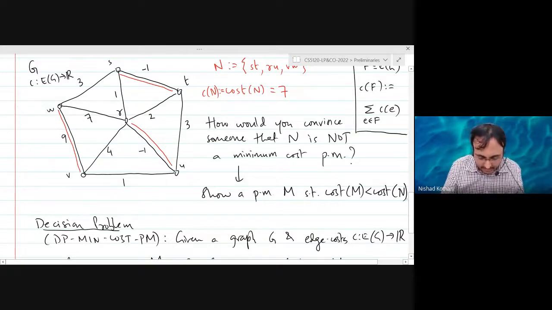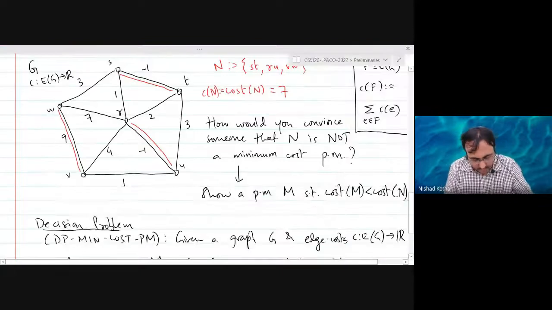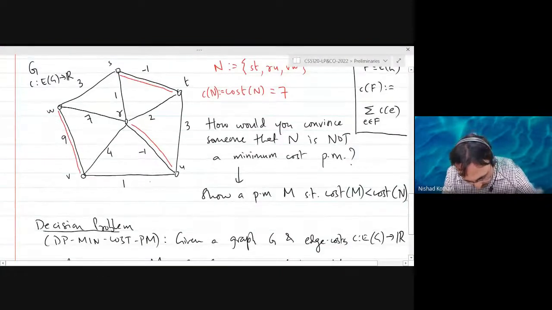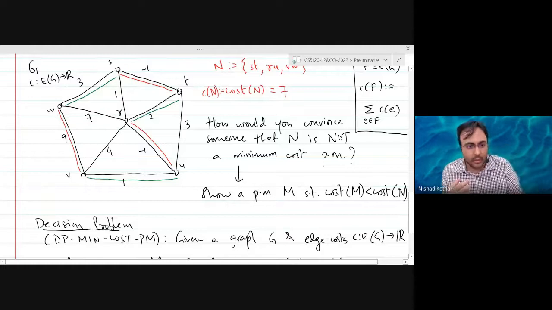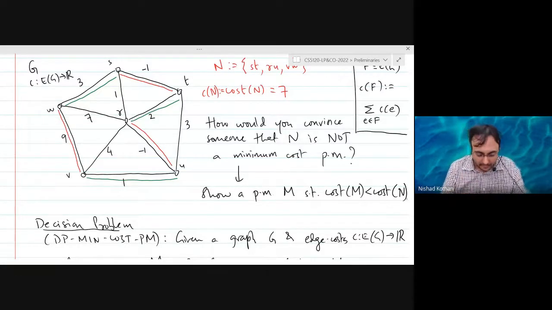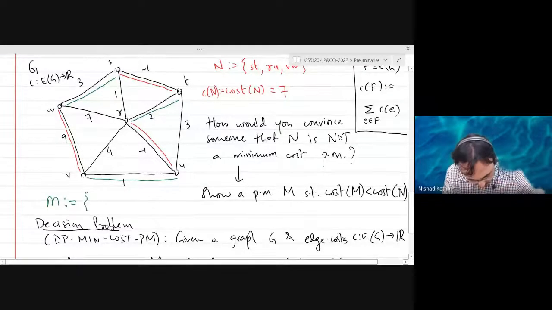Yeah. So let me indicate that perfect matching in green color. So it's VU, RT, and SW. Right? It doesn't have to be unique, but in this example, I actually know that it is a unique one. So that's going to be easier to discuss. Okay, so this is our perfect matching M. For this example, it's VU, RT, SW.